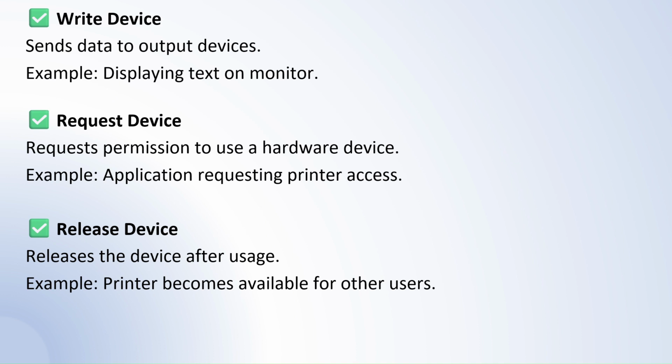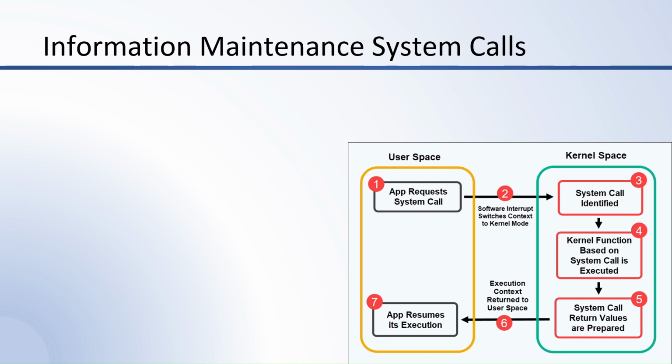Real-life example. While printing a document, application requests printer access. Operating system sends data to printer. Printer prints the document. Device is released after usage. So, device management system calls help in proper hardware management and prevent device conflicts.